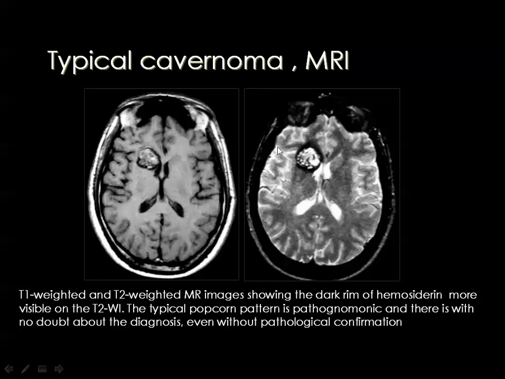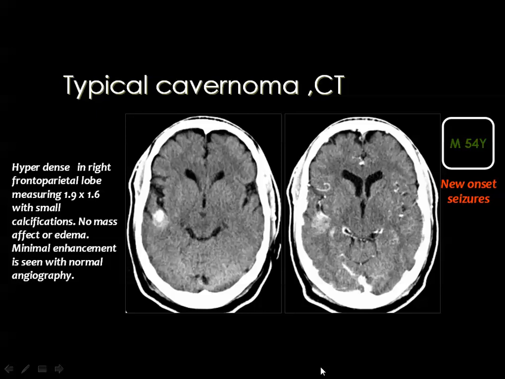Most of these lesions are not surrounded by edema, and if it is sizable, it may cause some mass effect. And this is the cavernoma by CT scan, and you see this is the pre-contrast study and this is the post-contrast study, and you can see the difference is little, and there is no edema, there is no mass effect.